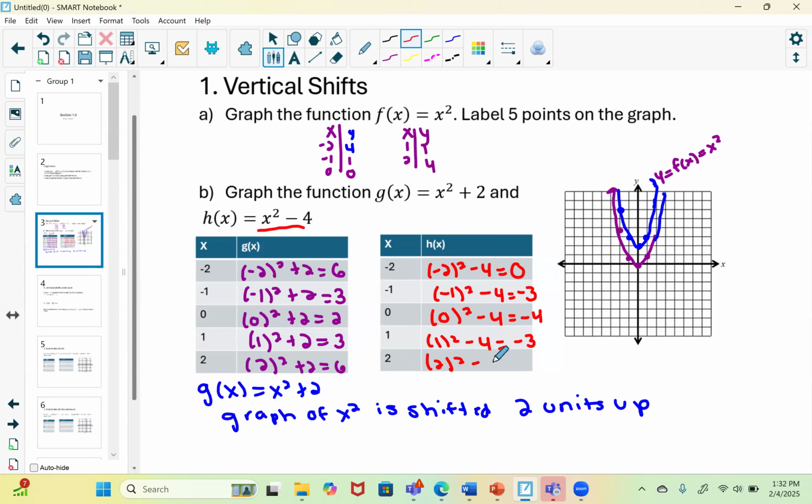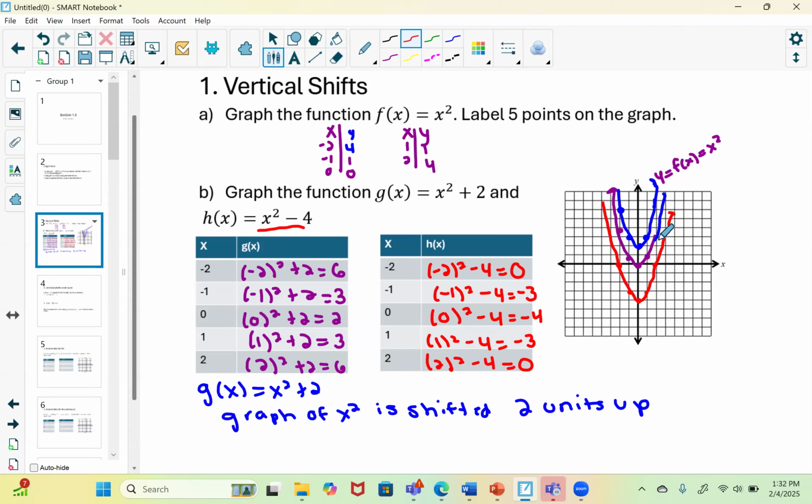And 2 squared minus 4 is 4 minus 4, which is 0. Okay, so I'm going to plot this graph. So I'm going to plot the points (negative 2, 0), (negative 1, negative 3), (0, negative 4), (1, negative 3), and (2, 0). And so we get this red graph.